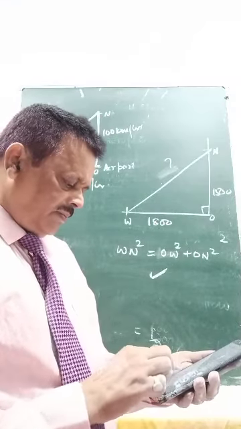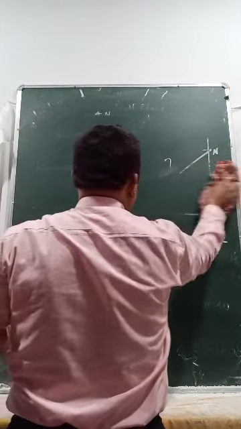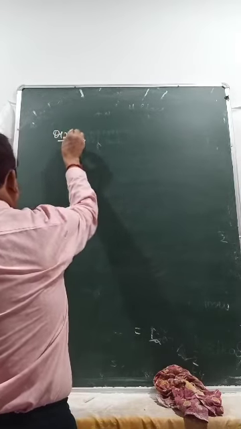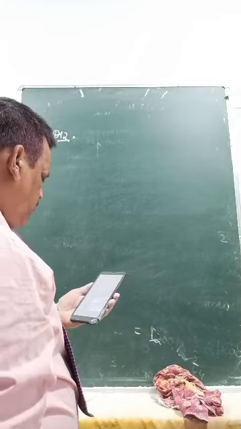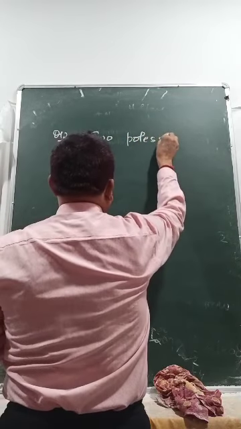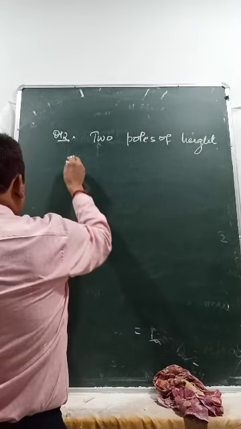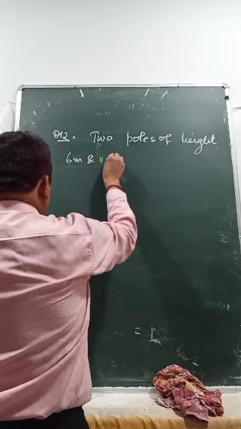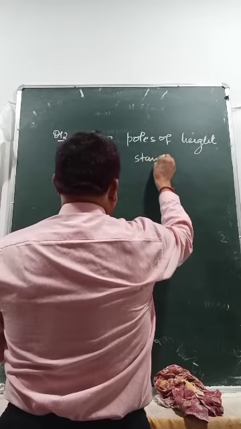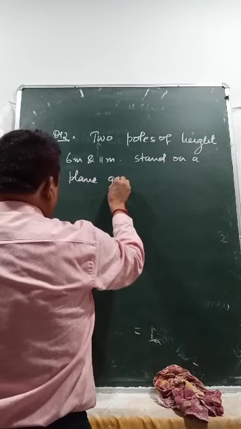That is question number 12. Two poles of height 6 meter and 11 meter stand on a plain ground.